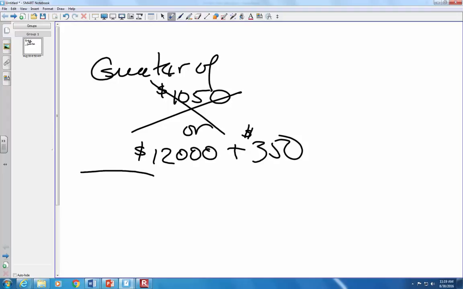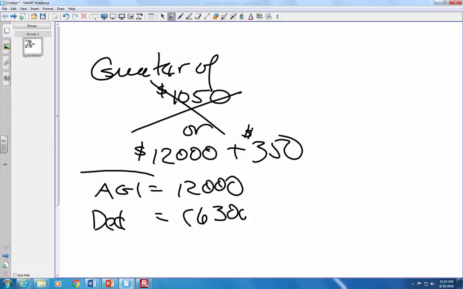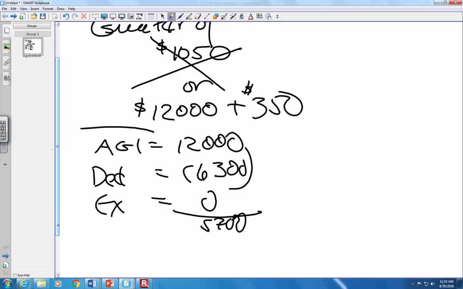That is correct. AGI was 12,000, deduction 63, exemption 0 because he's my dependent. Taxable income, 5,700 bucks.